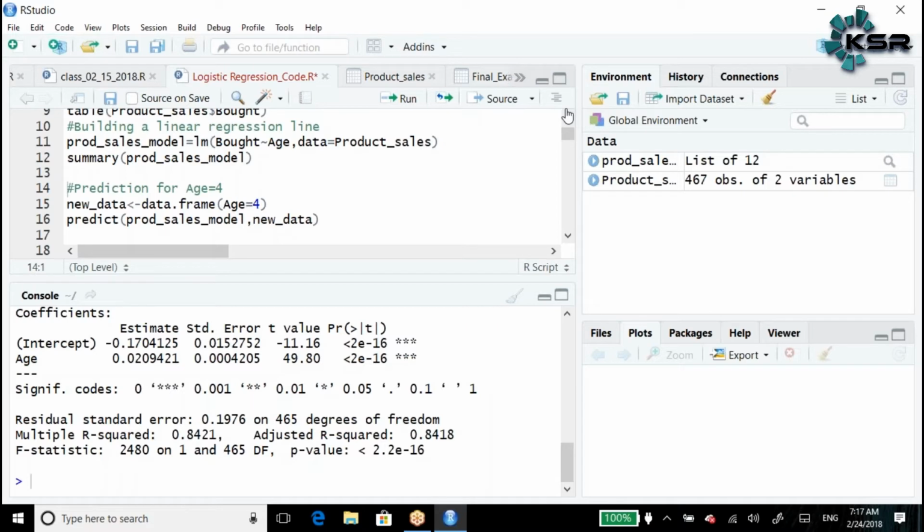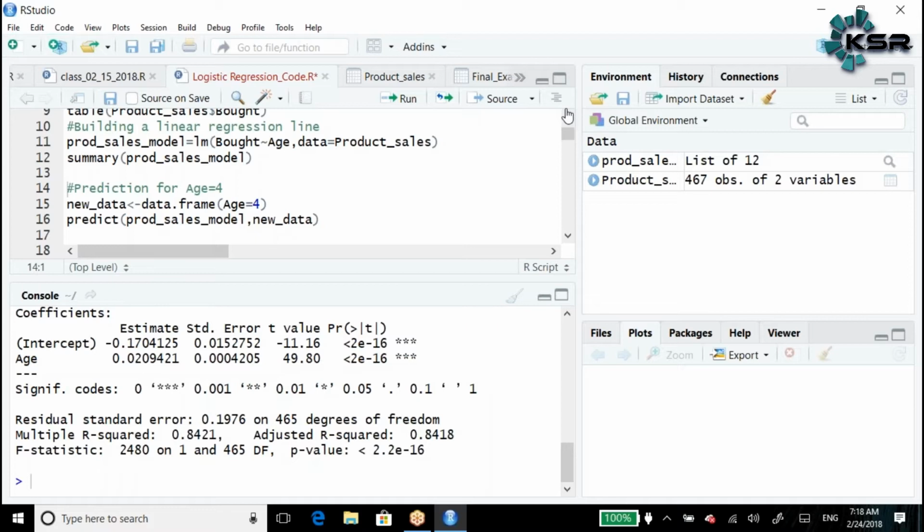First we need to make sure whether we are building a model for buying customers or not buying customers. If you are building a model for the not buying customer, it doesn't make sense to us. So we always look for whether we are going to build a model for the buying customer, so we get the probability values for the buying customers only.